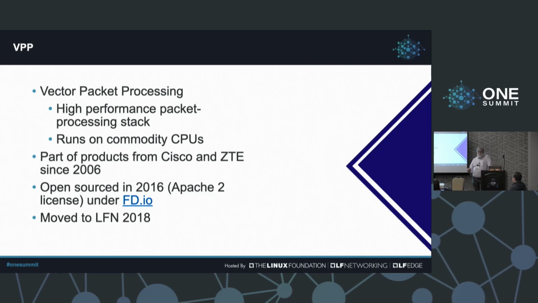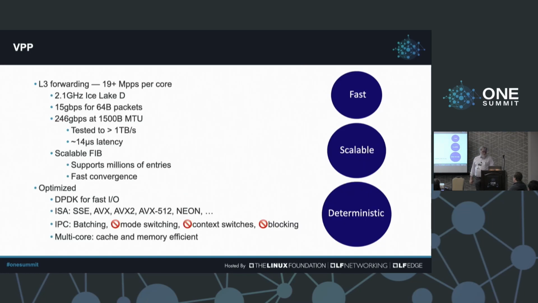It's been part of products from Cisco and apparently ZTE since 2006 or so, 15 years of production deployment. Cisco open sourced it in 2016 under an Apache 2 license, which means that even though there were patents on it, you have a license. And then LFN took that project over in 2018, and that's who this conference is for.